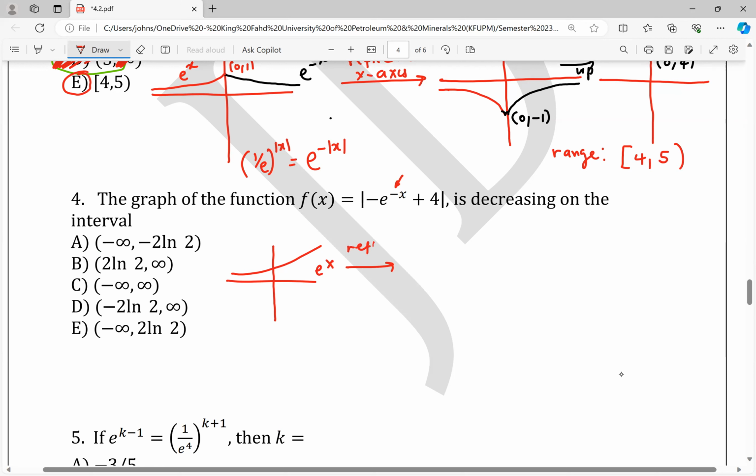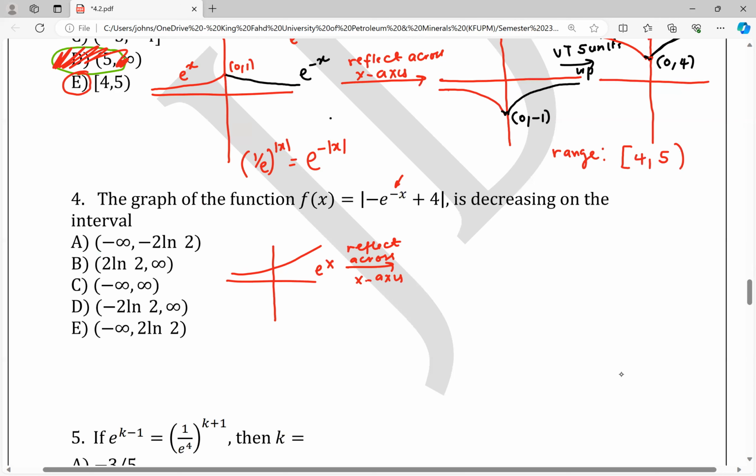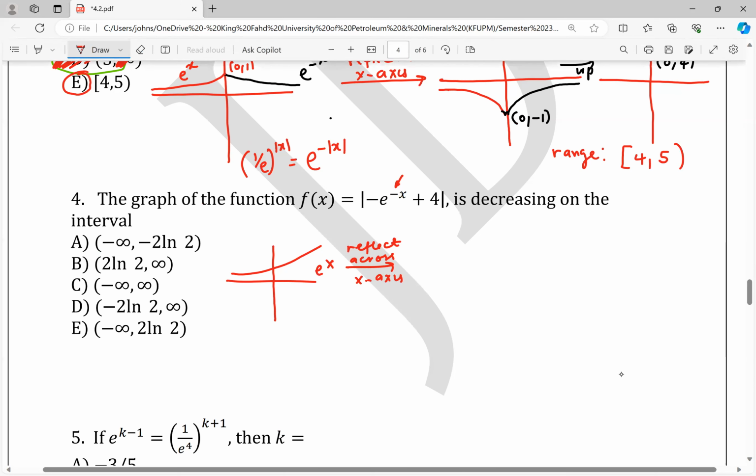And this now we reflect across x. What do we get? This will be this one. And then reflect across y.